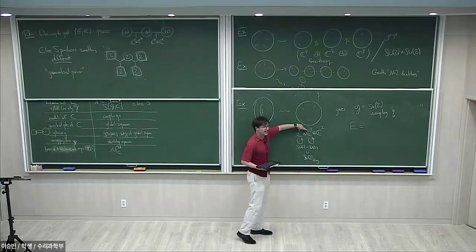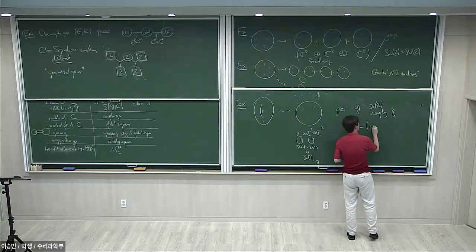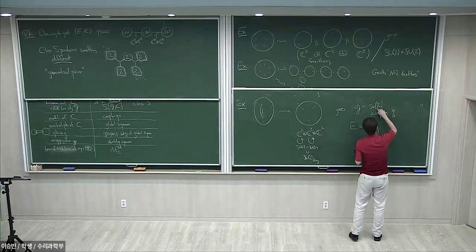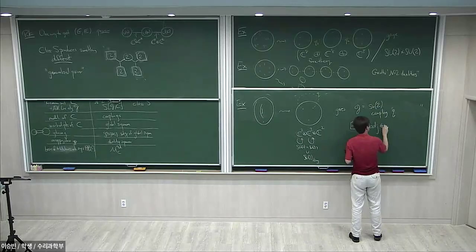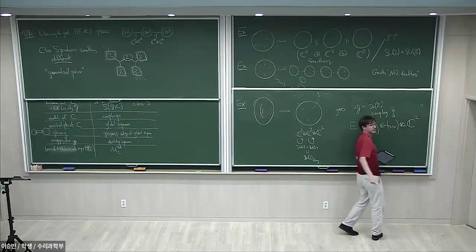Then what representation am I getting? I'm getting the tensor product of two fundamentals. So I get the adjoint plus the trivial representation. And so E will be, as a representation of the gauge group, adjoint plus trivial, tensor with C2.